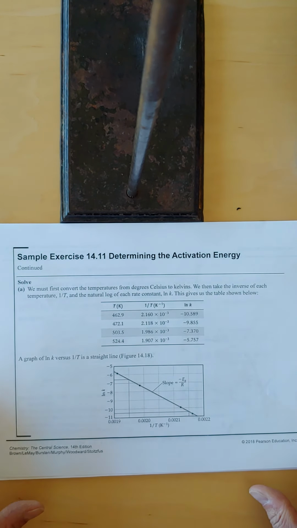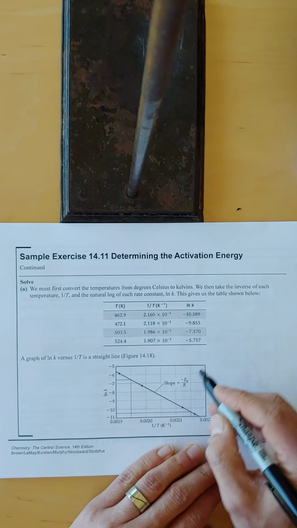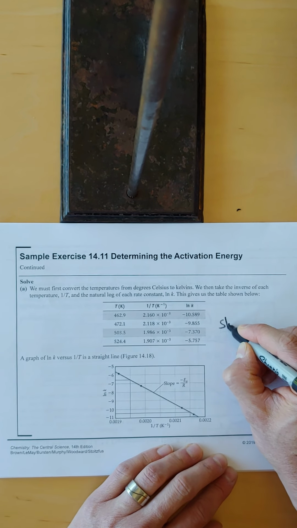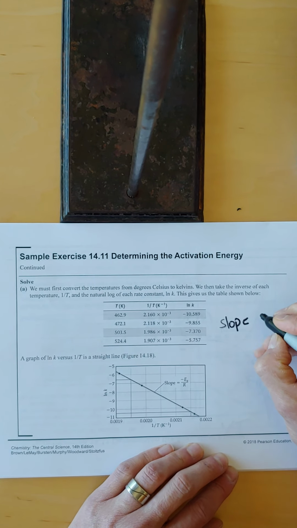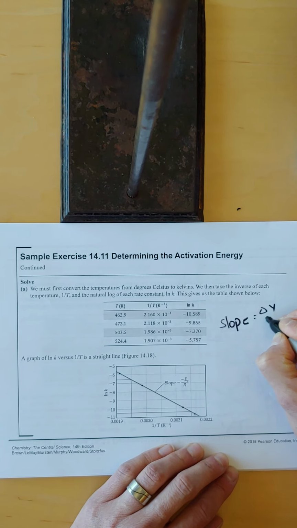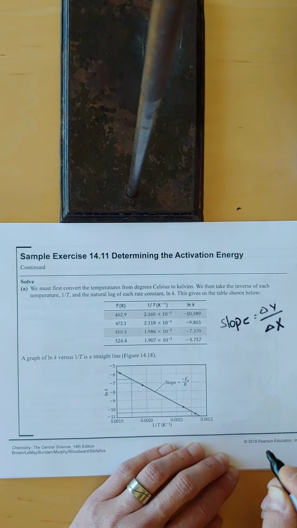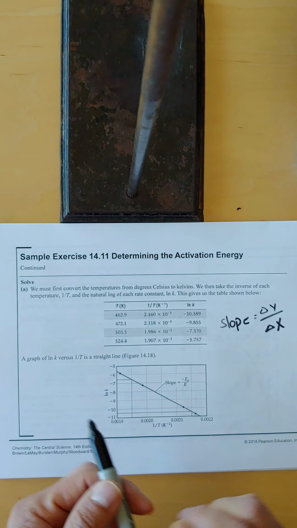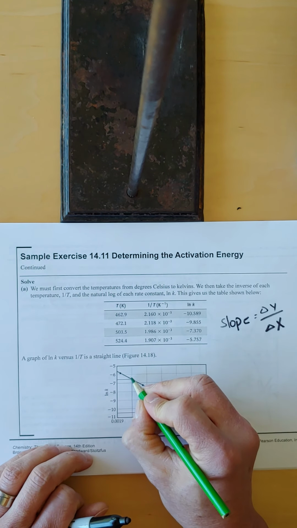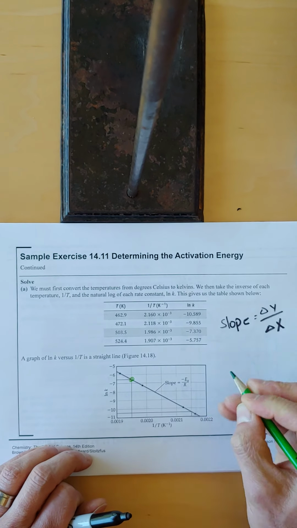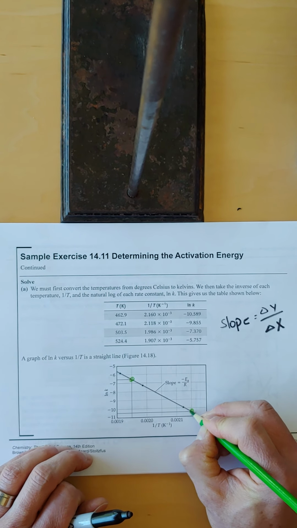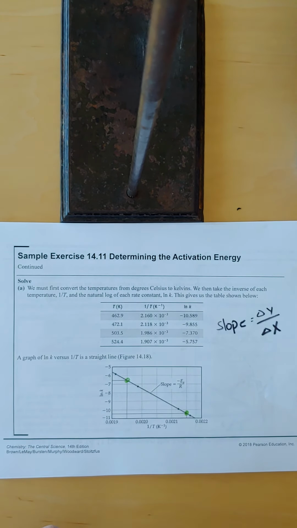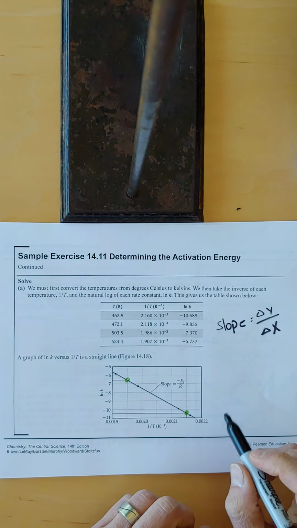If I want to determine the activation energy, the slope of that line is going to be the change in Y over the change in X. If I pick 2 points, and we'll pick this point here and this point here, very well separated points, then using the coordinates.